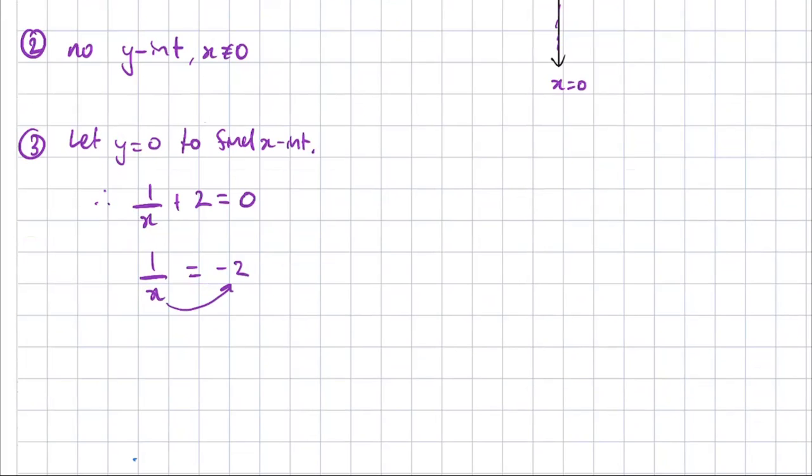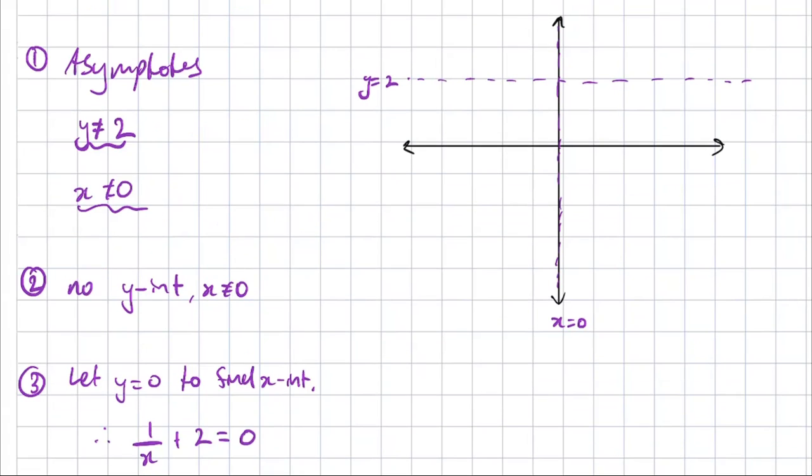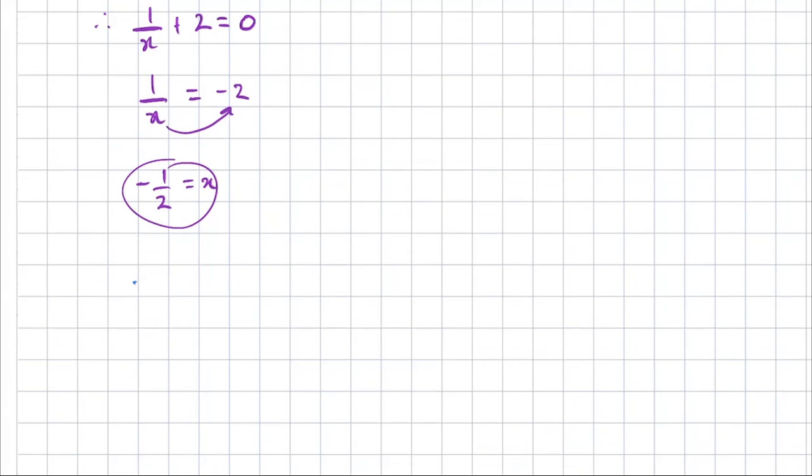So we end up with -1/2 is equal to x. That's essentially what's happening; I'm just doing all of it in one step. So our x-intercept is going to happen at -1/2. If we add that in on our graph here, around about here at -1/2 is where our hyperbola is going to intercept.